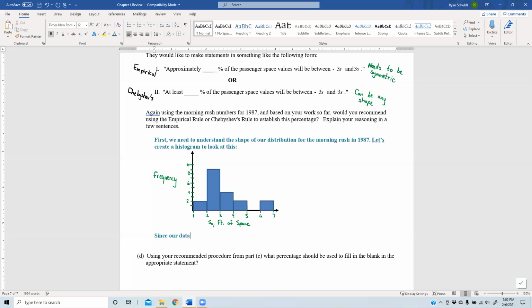Since our data is not symmetric by nature, we're going to even say, in fact, it is right skewed.